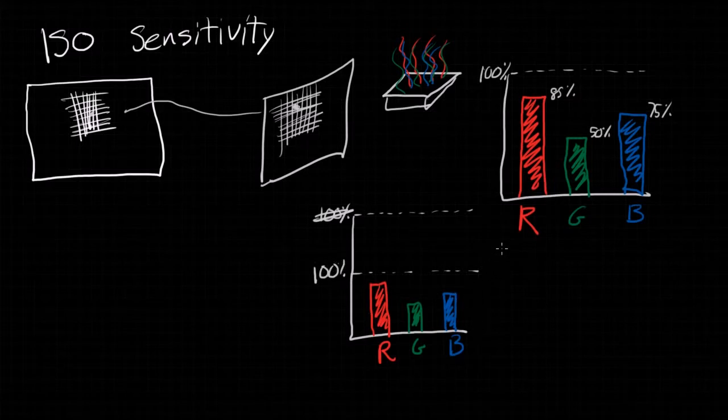Now, this is getting scaled up to this. You see how that works? So now, this sensor could brighten up the pixel by just treating the top of its sensing range as down here instead of thinking about it way up here.